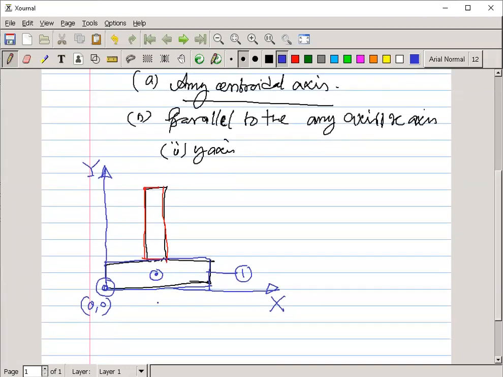The centroidal coordinate is this much, 75 along x, and along y, this is 50, so this should be 25.